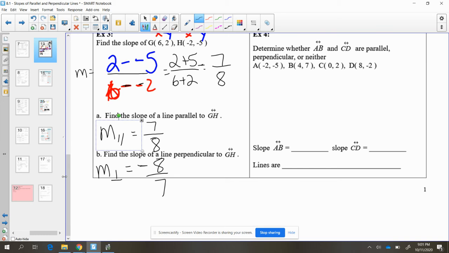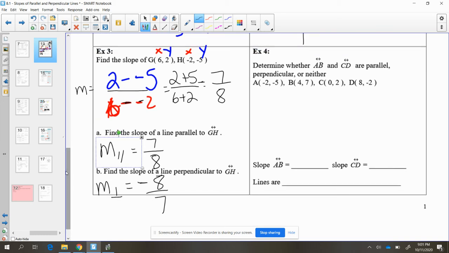All right, last example for today, we have two lines that are either going to be parallel, perpendicular, or neither, and we need to figure out what they are. So let's look at the first line, and that's going to be for AB. Again with AB, we're going to take our two x values and our two y values and subtract them.